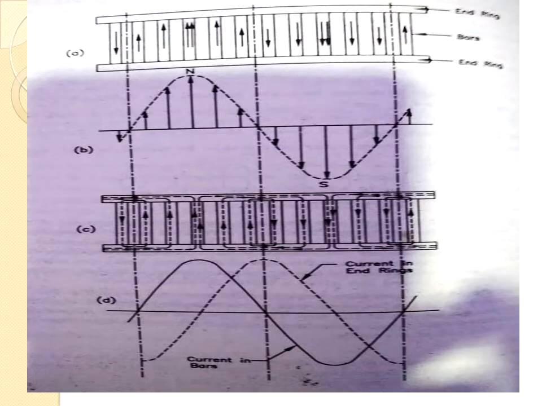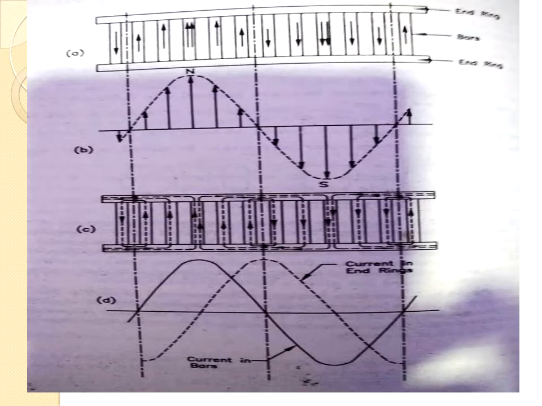You can clearly observe that the bar currents under the north pole are moving in the forward direction, that is upward direction. The rotor bar currents which come under the south pole are moving downwards. It is clearly observed.